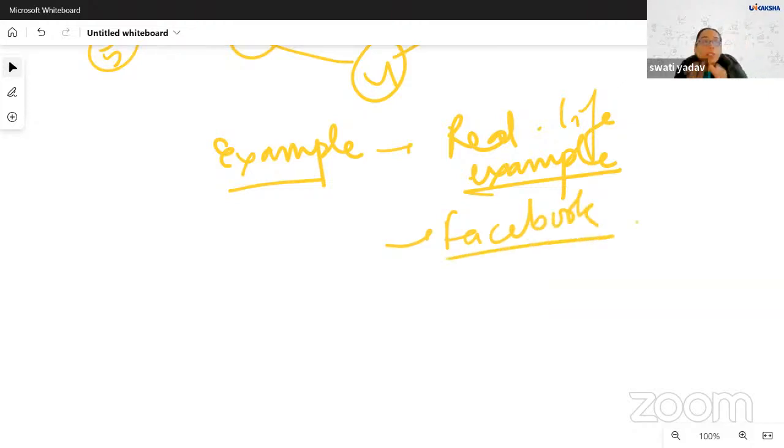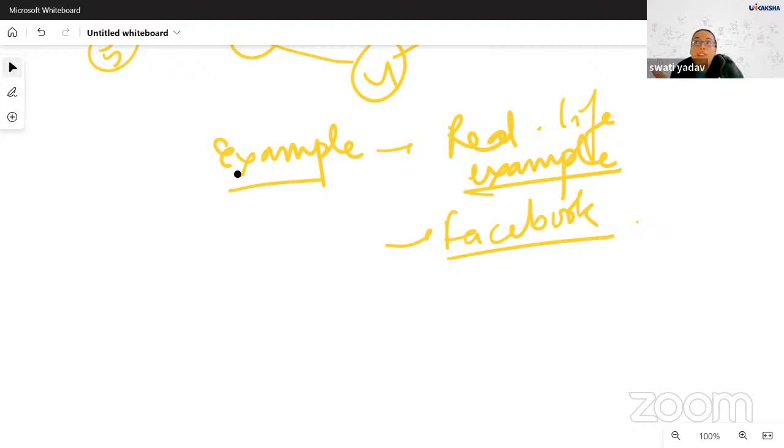Okay. That means every profile is a node. All the photos, videos, events, pages, all the other properties that have data over there, those are the nodes. Every connection acts as an edge. Whether you talk about you and your Facebook friend, that's an edge.